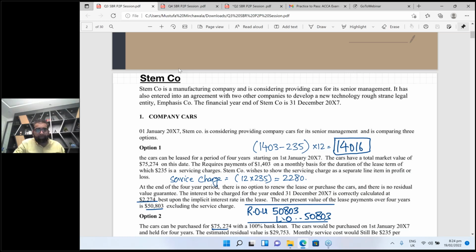Now, the name of the question is Stamp Company. The majority of this question is basics, FR level, F7 level. The majority of the IFRS 16 part is FR level, to be very honest.